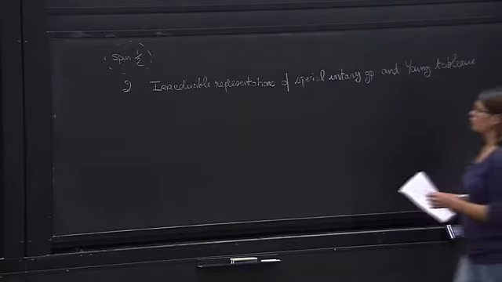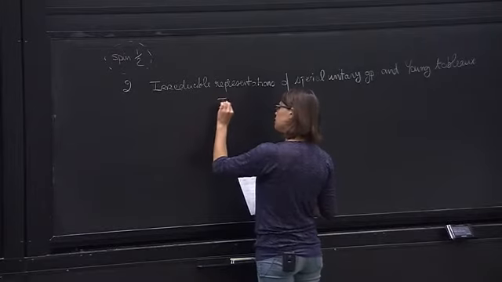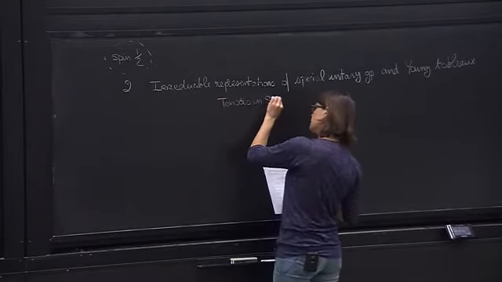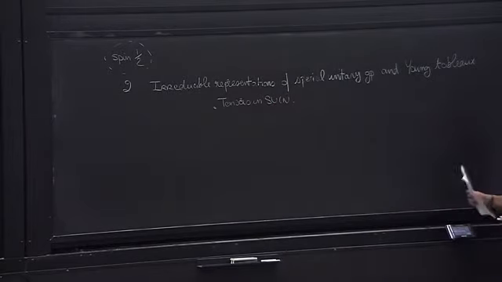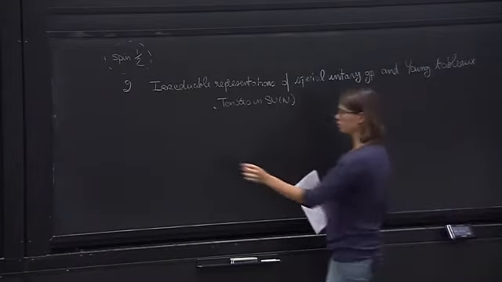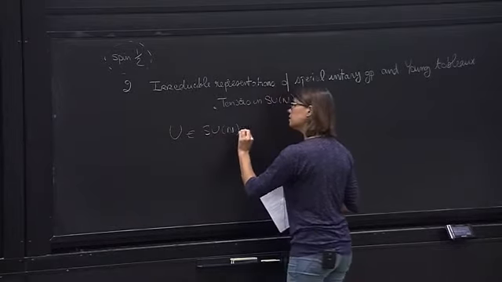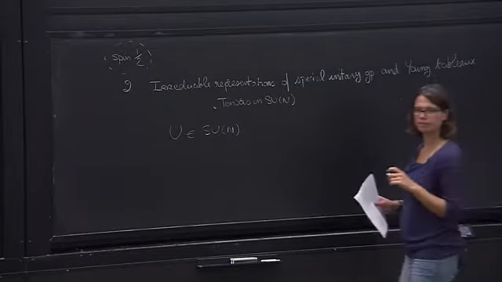Okay, so first let's recall that we are going to study what tensors are in SUN. But first, what is the definition of this special unitary group? If U is in SUN, what does it mean? Unitary.